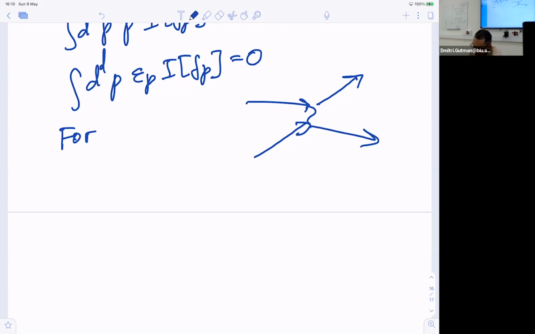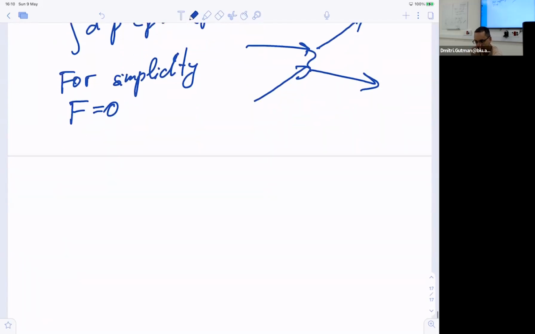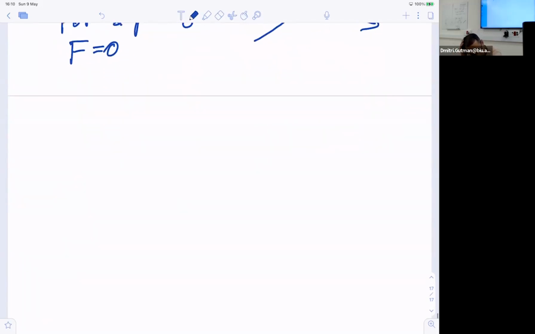Okay, let's say for simplicity that there are no external fields. Just make life easier.